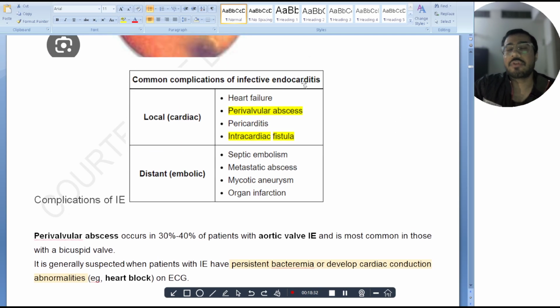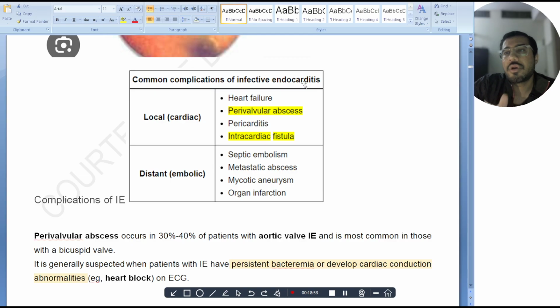Common complications of infective endocarditis. You don't need to read the table first, just listen to me. What can be the common complications if the vegetations extend? The vegetations are basically due to bacterial adherence to the fibrin clots, and that can result in local infection or distant infection.